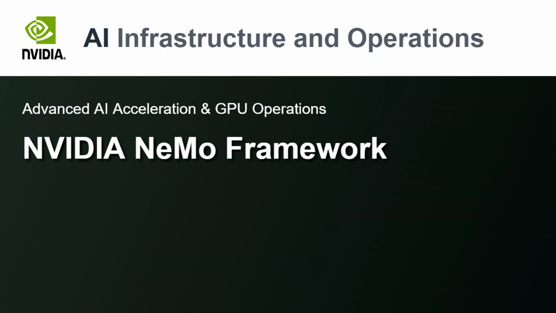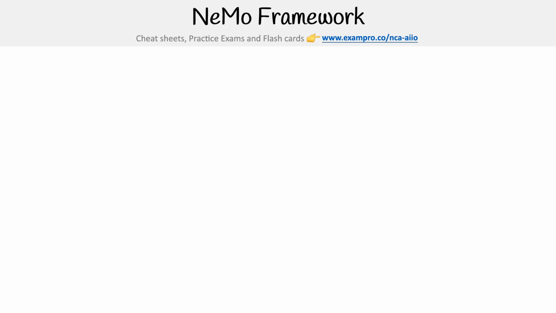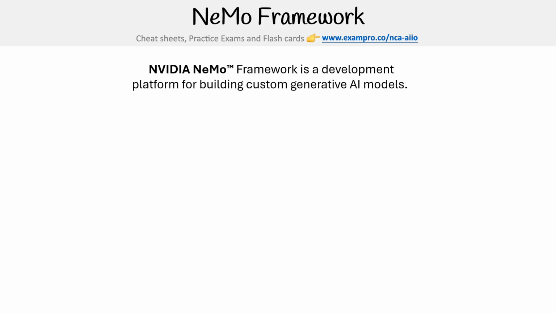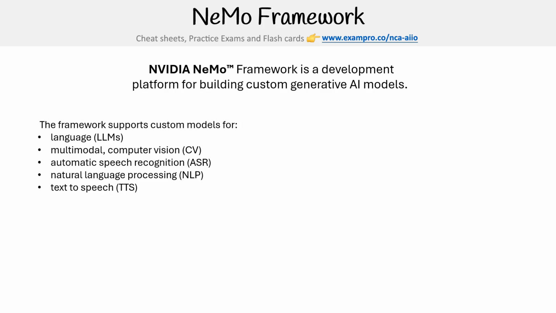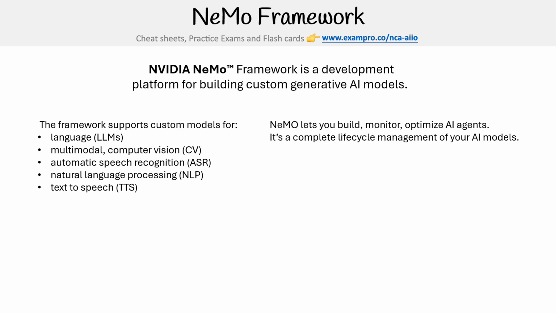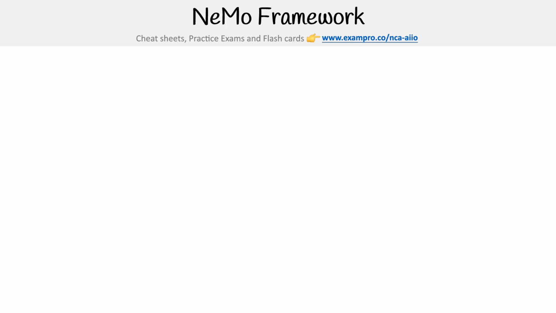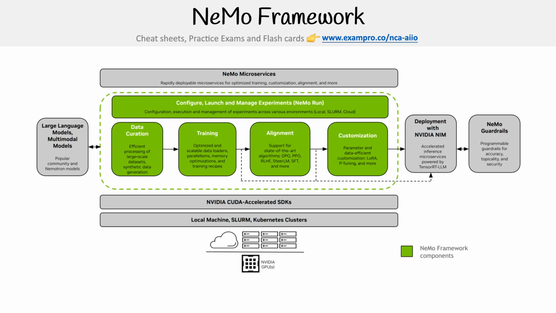Let us take a look here at the NVIDIA NeMo framework. It is a development platform for building custom generative AI models. This framework supports large language models, computer vision, ASR, natural language processing, and text-to-speech. NeMo lets you build, monitor, and optimize AI agents. It's complete lifecycle management for your AI tools, so basically, it does everything.